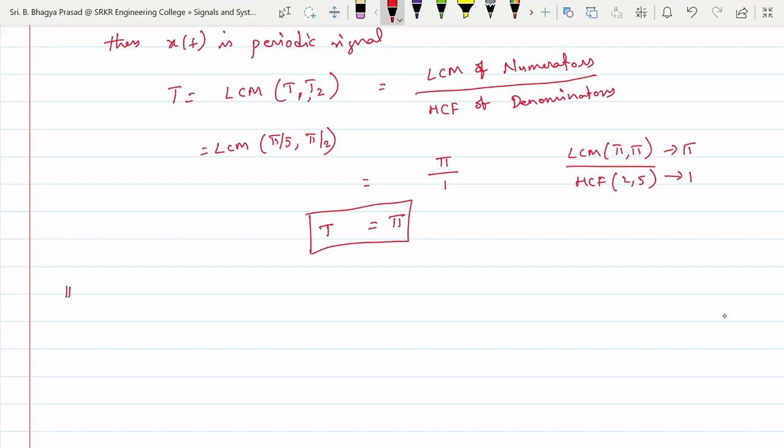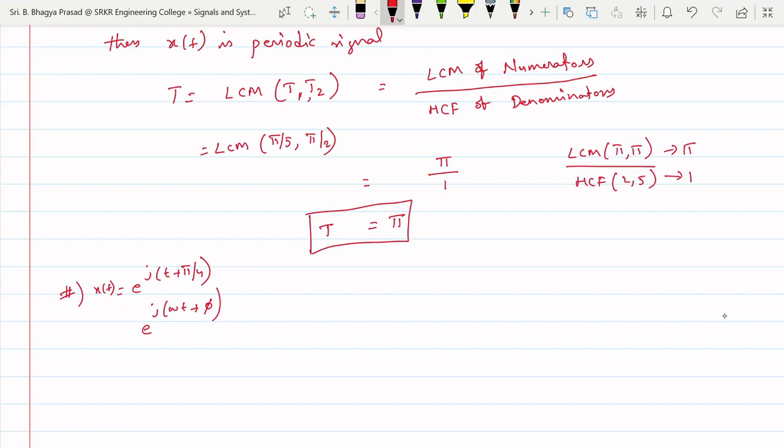So let us check another thing. x of t is e power j times (t plus pi by 4). This is compared with e power j omega t plus a phase, so you write pi by 4 as a phase.